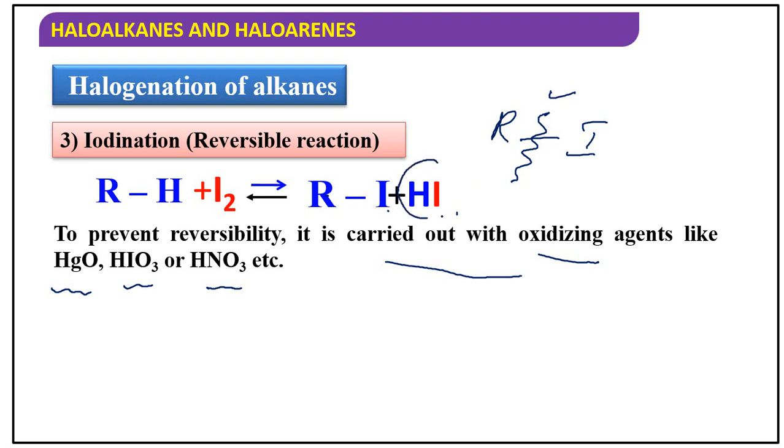This HI gives H plus and I minus. This I minus immediately gets oxidized, forming iodine. Whenever the iodine is formed, it immediately reacts with RH and forms RI. According to Le Chatelier's principle, when iodine is forming continuously, the reaction moves towards the product side.